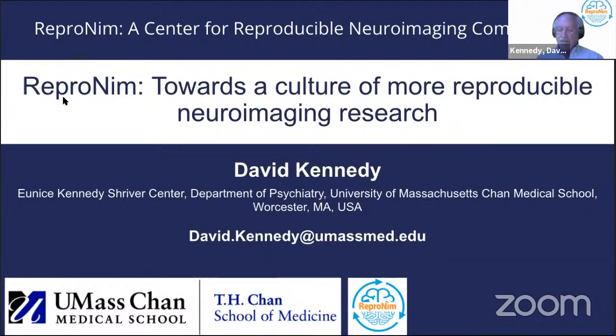The second job is I co-run NITRIC, the Neuroimaging Informatics Tools and Resources Clearinghouse, a one-stop shop for people who need to find software, open or closed, or find data, procedures, and a community to work with. It's also one of the hallmark places in neuroimaging where, if you're developing software or collecting data, you can share that information with the community.